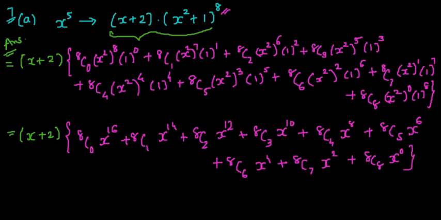Now we have to understand each term. If you multiply, we will get the answer, right? Because it is a product of two binomials, so we want x raised to 5.